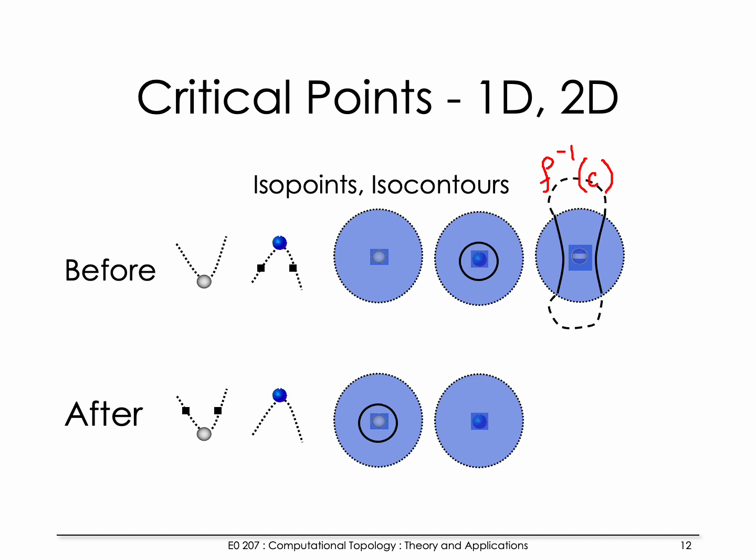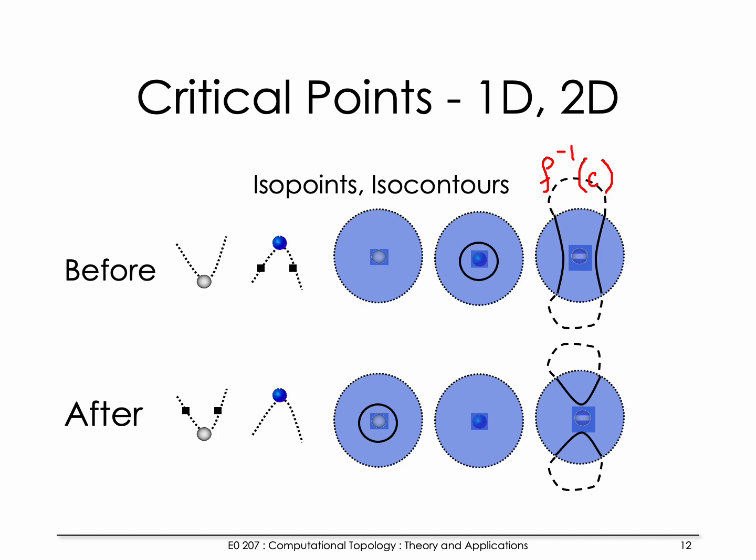If you focus on just the solid black arcs, the after picture also looks similar. After I cross the saddle, again within the disk, the isocontour has 2 components. What distinguishes the two is how the isocontour is connected globally, right?